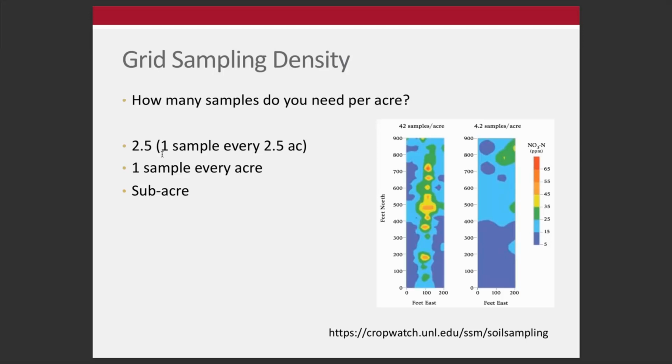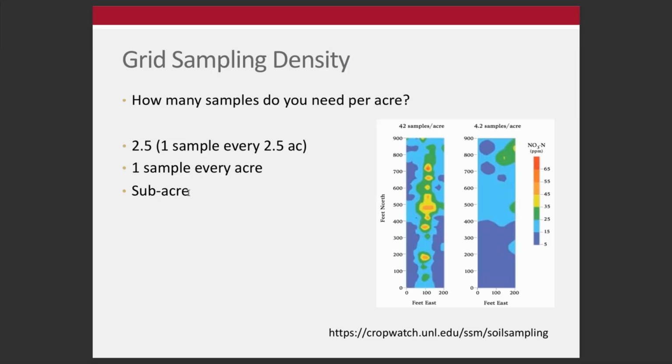So what's very typical, something like a 5 or 2.5 acre grid. So in other words, one sample every 2.5 acres. This is probably the most common grid density that's sampled in Ohio. A lot of people have moved towards higher densities than that. So maybe one sample every acre, or maybe even one sample every half acre, something like that.